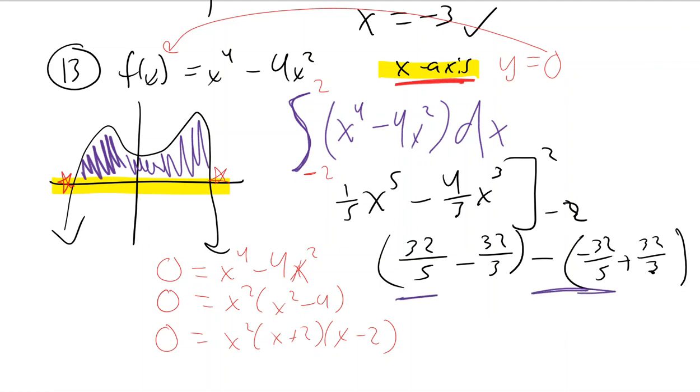So I think this and this becomes 64/5 if I'm not doing that too quickly. And then this minus this would be minus 64/3.